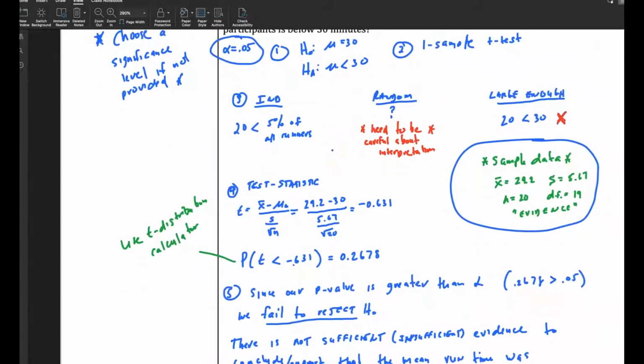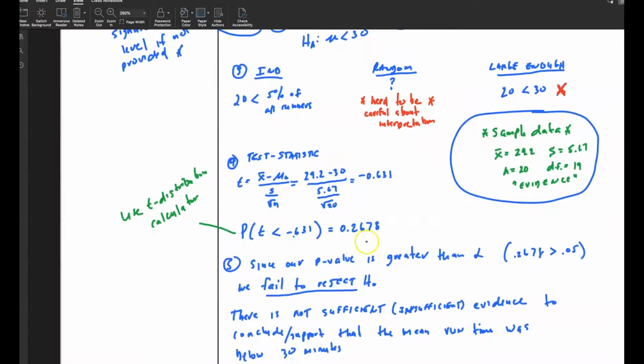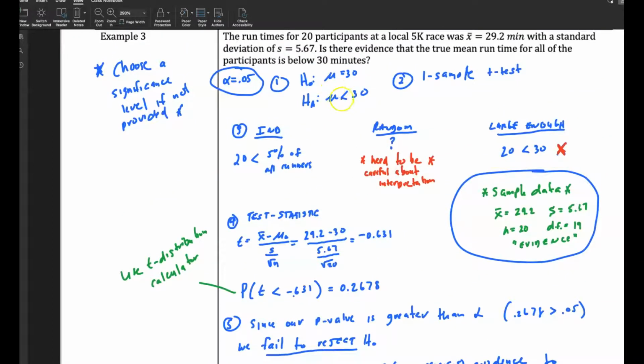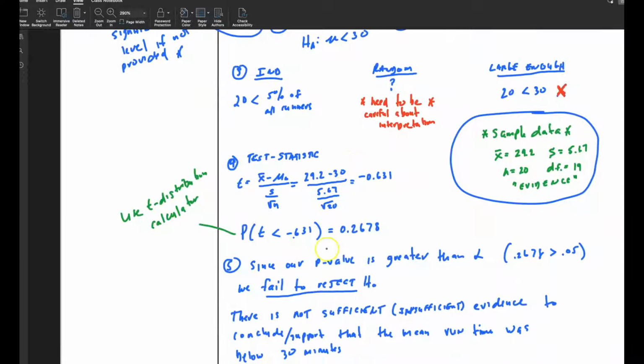In this t distribution, we're calculating the probability that it is less than t equals negative 0.631. That's what we're looking at here.